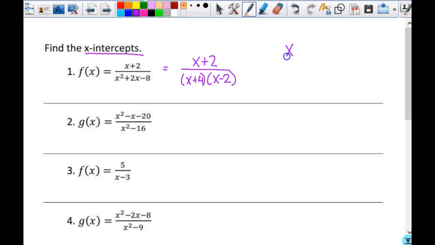Okay, so my x-intercept is a point. It's negative 2, 0, right? Your zeros would just be negative 2. Everybody okay with that? Y'all know how to find the zeros, right? I really shouldn't even have to review this. I just want to make sure you know what order you have to do it in. Okay. Factor the numerator here. What do I get?